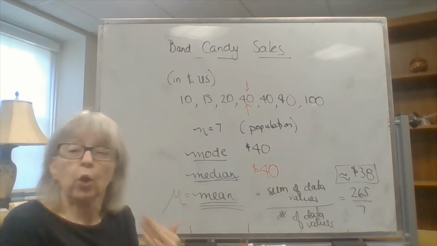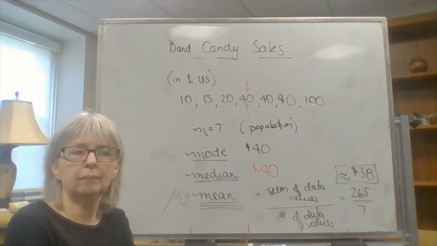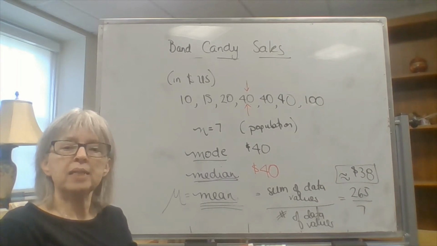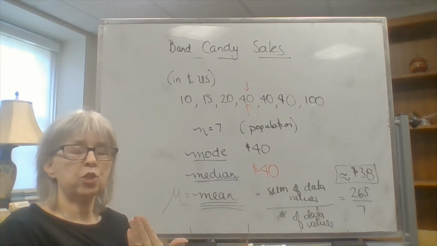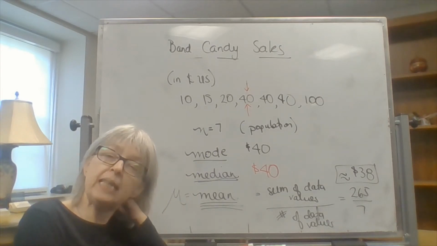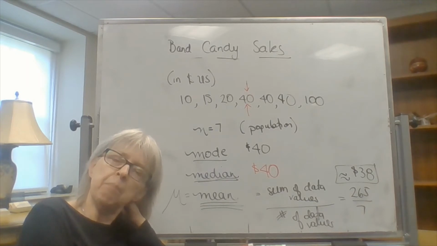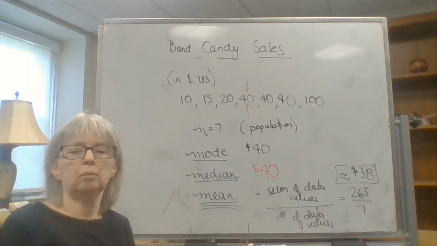I could say 40 and not tell you whether I'm saying mean or median. And often people would say average, and it could mean any one of these 3 things. Mean, median, and mode are all measures of middle.